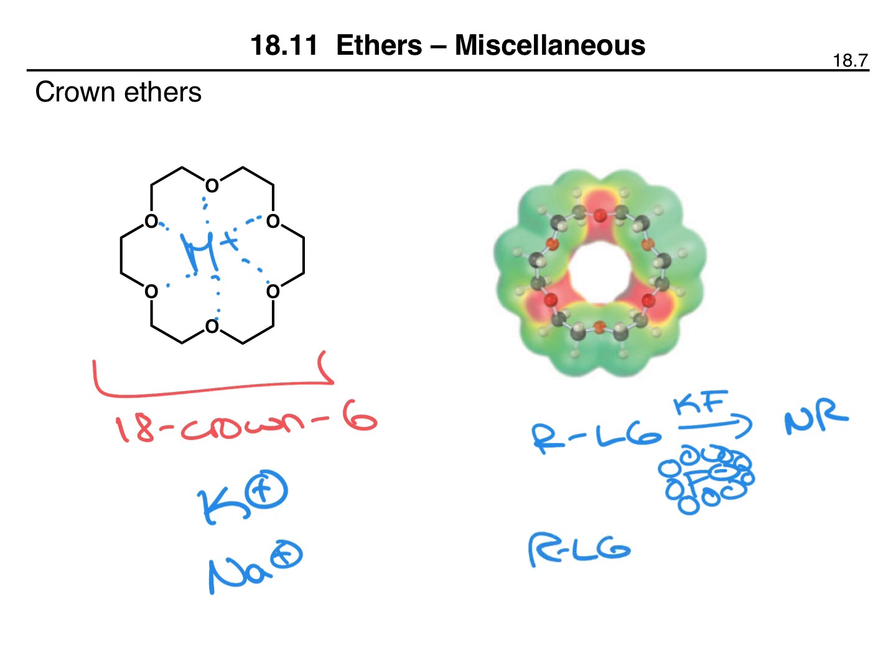If you were to carry out this reaction with KF in a nonpolar solvent such as benzene and in the presence of 18-crown-6, you will convert this to an alkyl fluoride. Under these conditions, the potassium is going to be sequestered in the pore of the 18-crown-6, and that's going to leave F minus essentially naked because benzene isn't a good solvent, so it won't be effectively solvated, leaving the fluoride very ready to react.